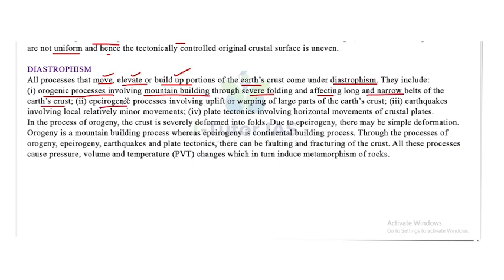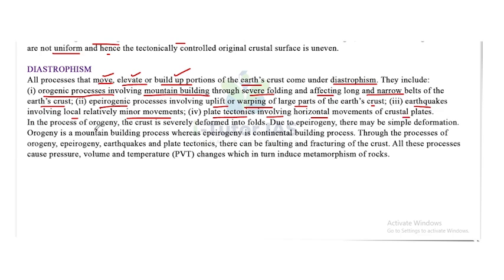Then the epeirogenic process, involving uplift or warping of large parts of the earth's crust. Then third, earthquakes, involving local, relatively minor movements. Fourth, plate tectonics, involving horizontal movements of crustal plates.